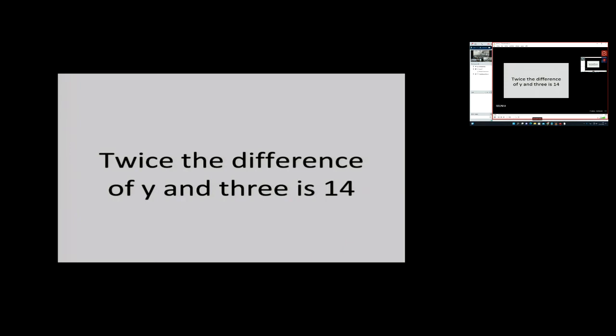Twice the difference of y and 3 is 14. Remember, difference is you have a parenthesis and minus, y and 3.